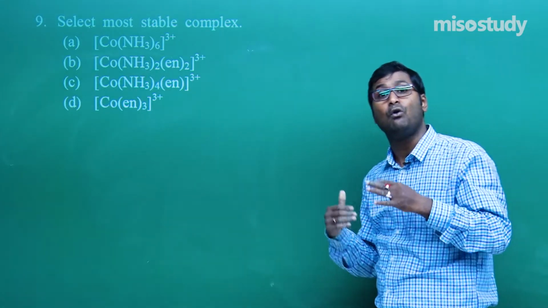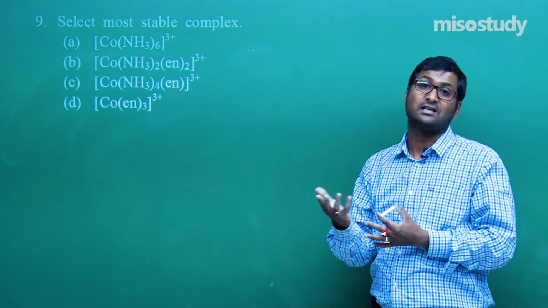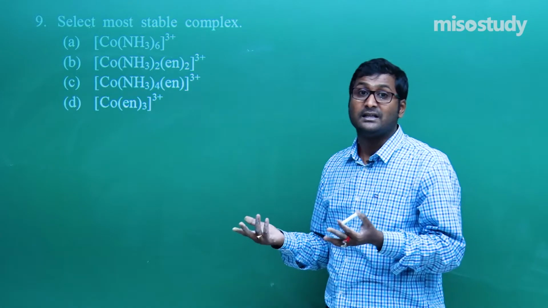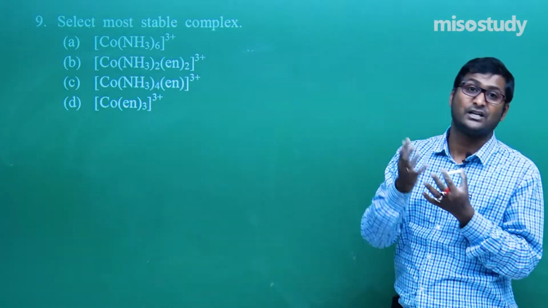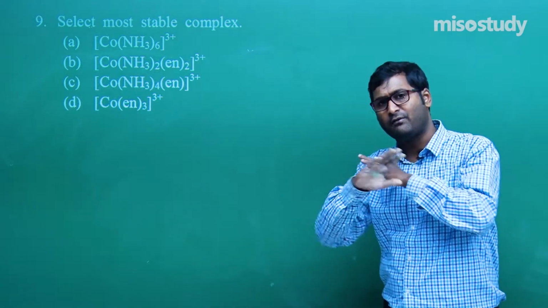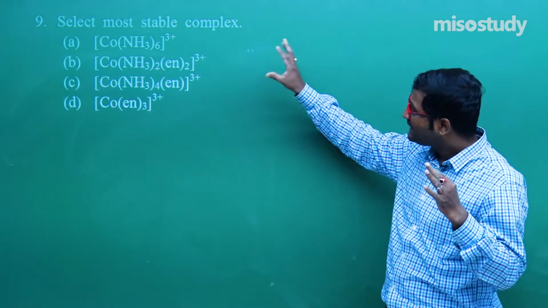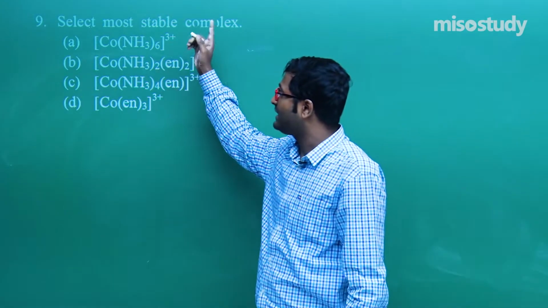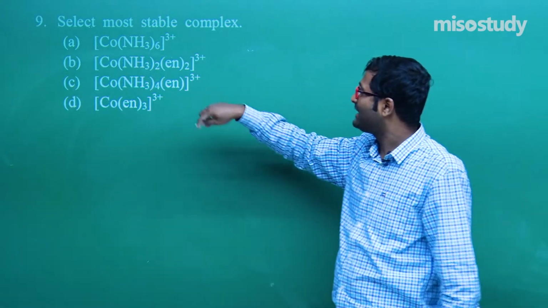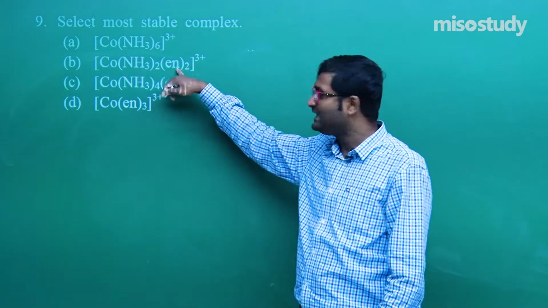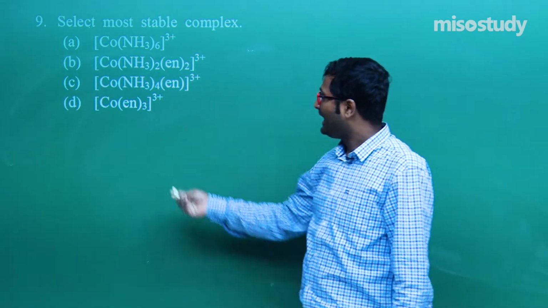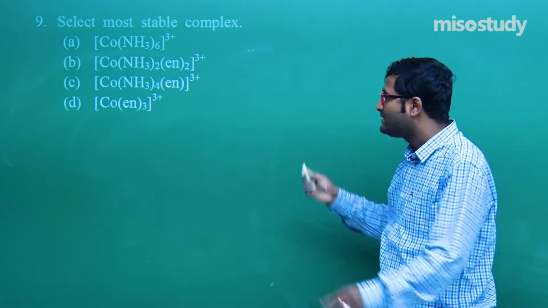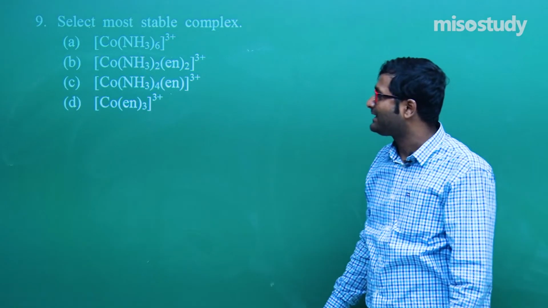There are other factors for stability as I discussed, such as the higher the value of K, we also have to check the value of the stability constant. Then we check which type of ligand is attached to the central metal atom. In the first case there is only a monodentate ligand. In the second case there is attachment of two bidentate ligands, en, ethylenediamine, but in the last case there are 3 en, that is 3 bidentate ligands attached.